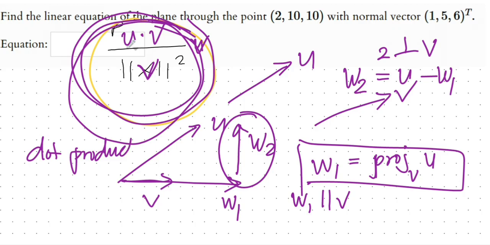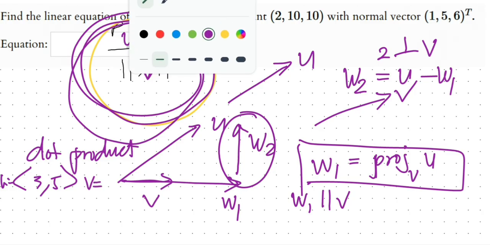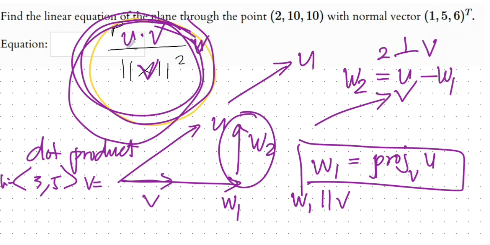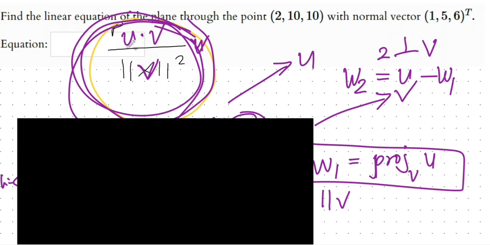Dot product is, let's say we're given u is 3, 5. V is equal to, let me use another color. Let's say u is 3, 5, and the component of v is 2, 4.